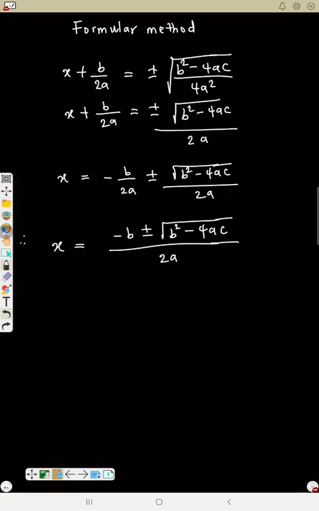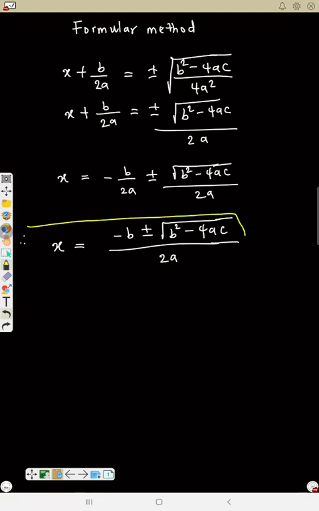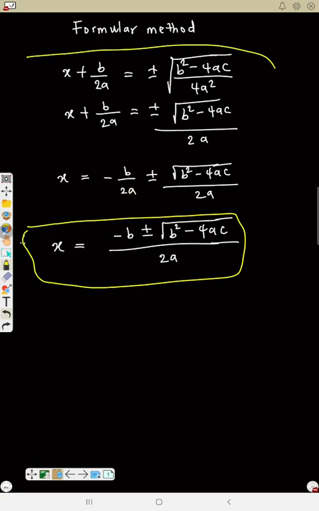Now this is what we call the quadratic formula. This is what we'll be using now: x is minus b plus or minus square root of b squared minus 4ac over 2a. So we got that from the completing the square method.